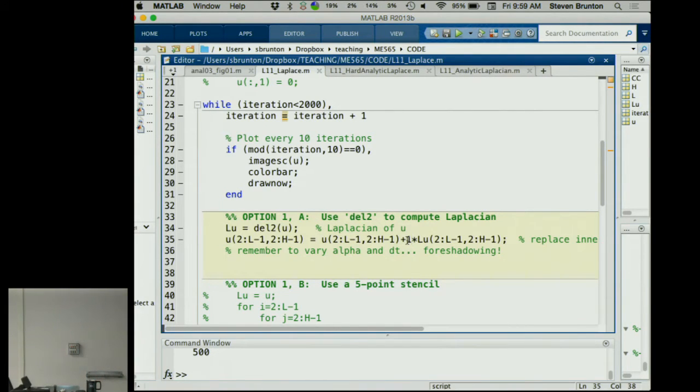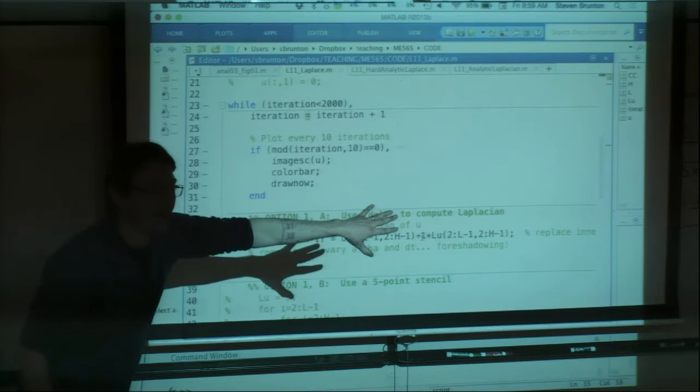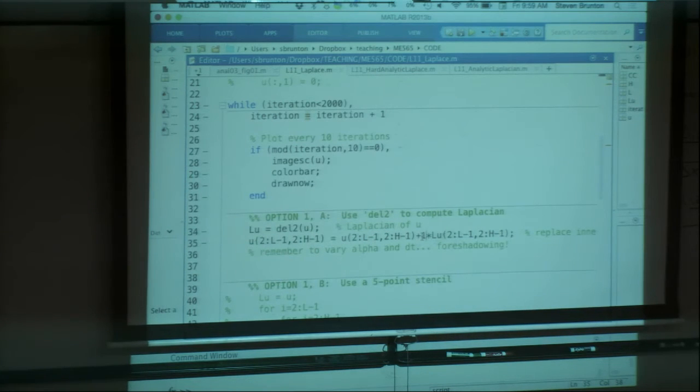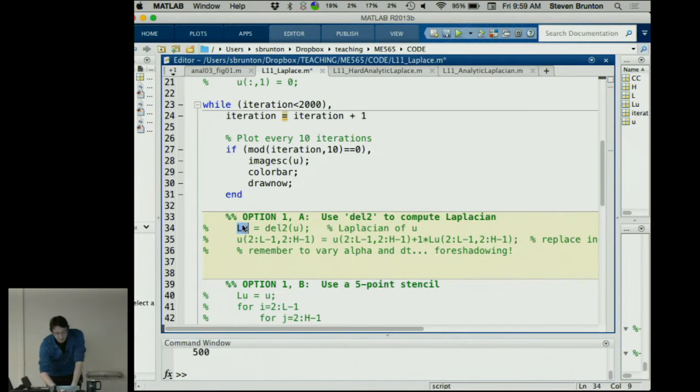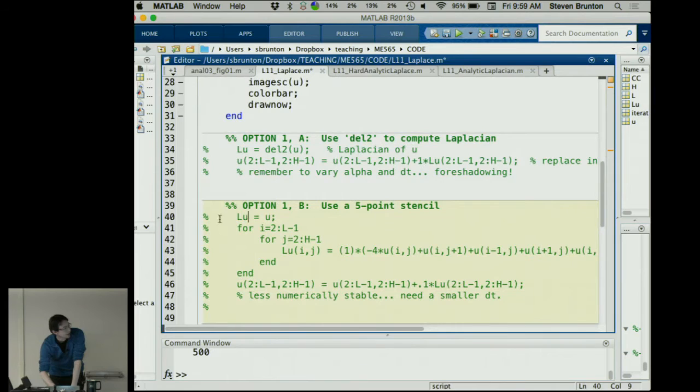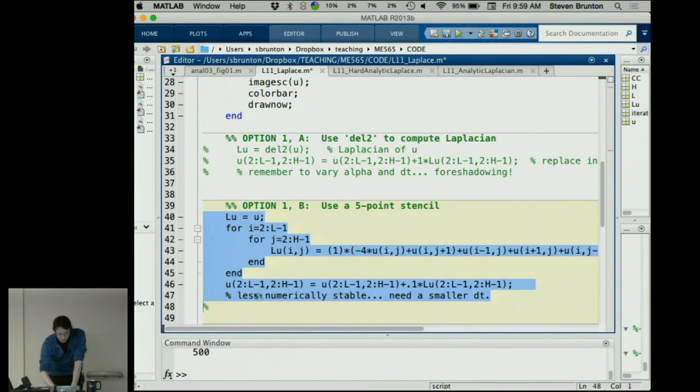So that was one option, was just to use the del2 command to compute this Laplacian. But I spent all the time explaining this 5-point stencil, so I want to implement it. Instead of just computing the Laplacian using del2, I'm going to compute the Laplacian for every point i, j using the stencil we talked about.